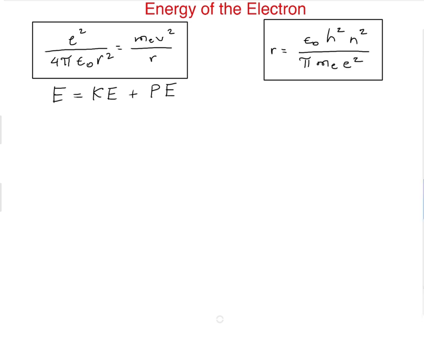So we write E is equal to 1/2 m_e v squared plus, for the potential energy, the Coulombic attraction, negative e squared over 4 pi epsilon r. The negative sign is important because it tells us the electron is bound to the nucleus.